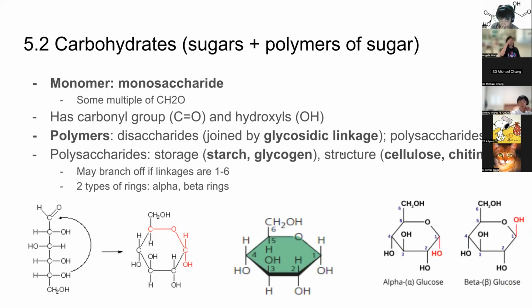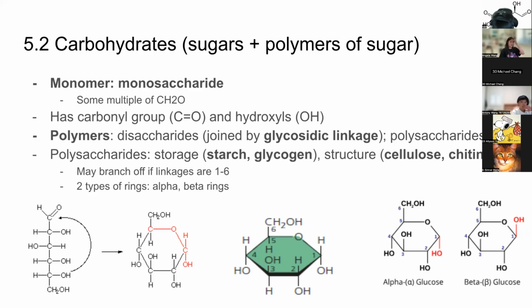First we'll be talking about carbohydrates, which are sugars and polymers of sugar. The monomer is a monosaccharide, and the chemical formula is some multiple of CH2O. For example, glucose, which is really common, has the chemical formula C6H12O6, which fits the CH2O formula.